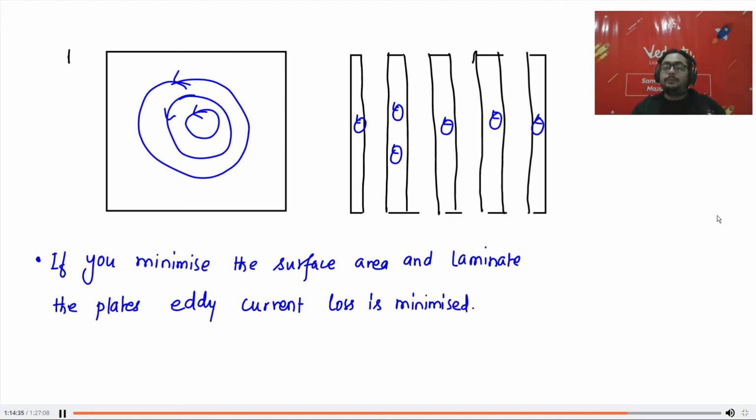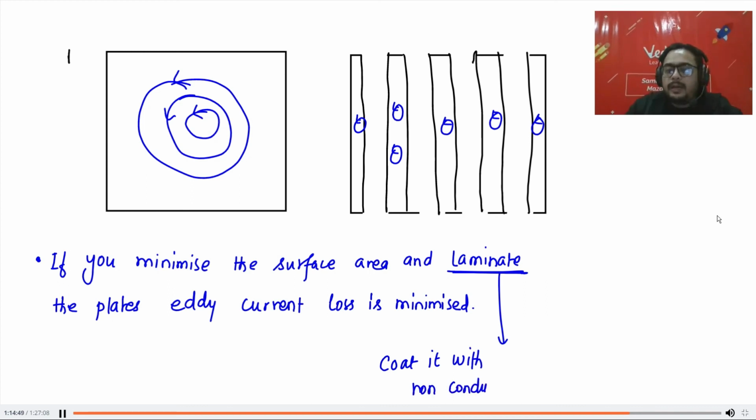You can connect them again, but we laminate. That is why I have written laminate. Laminate means coat it with non-conducting material. So I will break them into smaller pieces and then rejoin them, but they are laminated. They are not connected to each other.